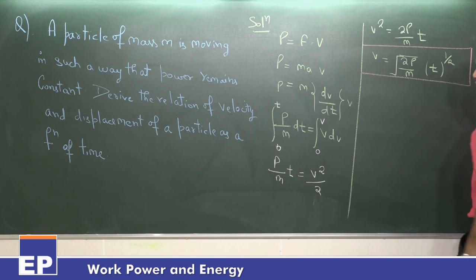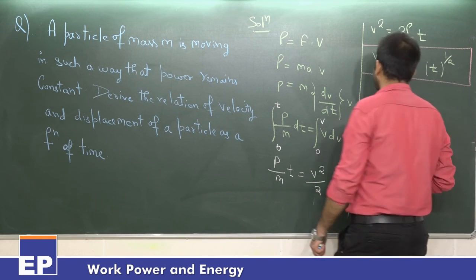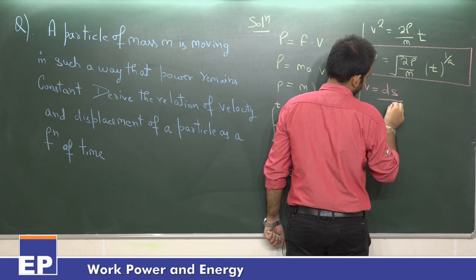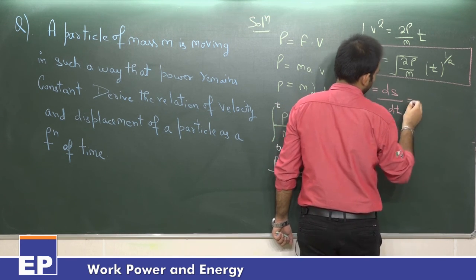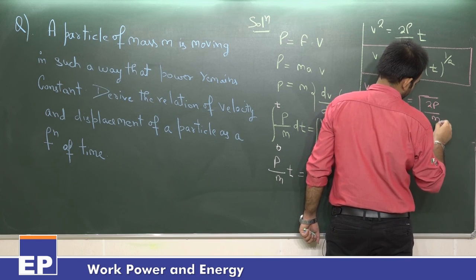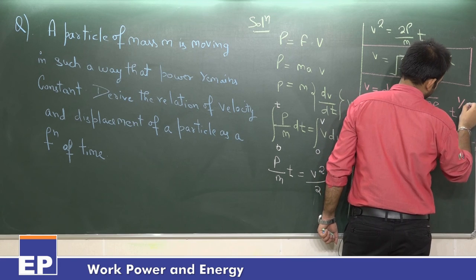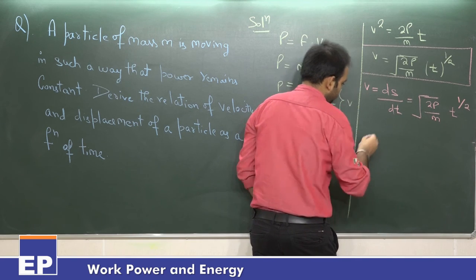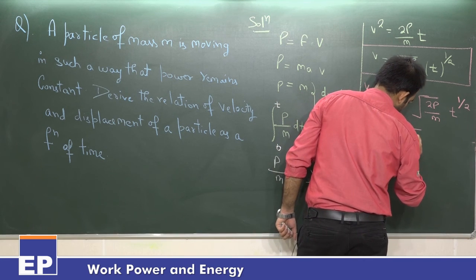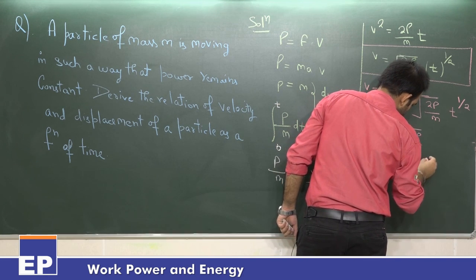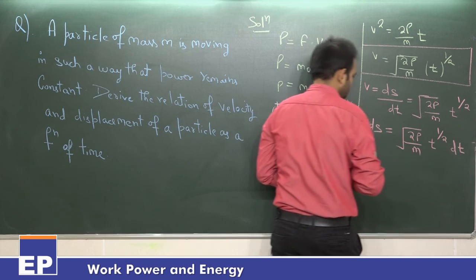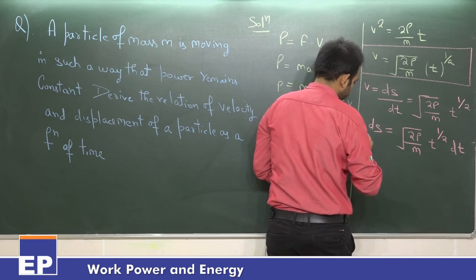Right? Now, what is the displacement function? You can write V as ds by dt. That is root 2P by M into t raised to power 1 by 2. So ds is under root 2P by M, t raised to the power 1 by 2 dt. Integrate it.